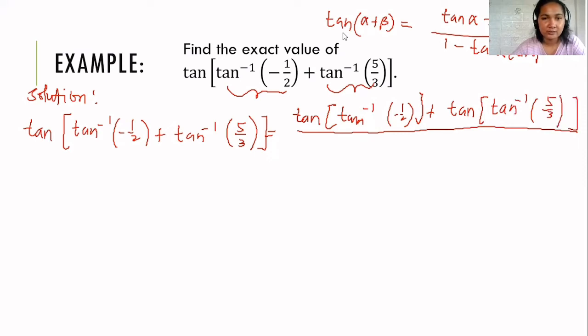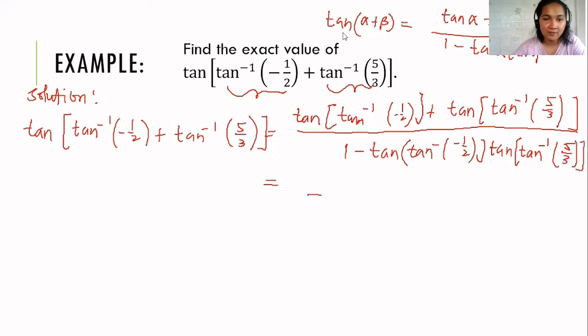And our denominator is 1 minus the product of tangent alpha and tangent beta, so we'll have tangent inverse of negative 1/2 times tangent inverse of 5/3. Now let's simplify this one.